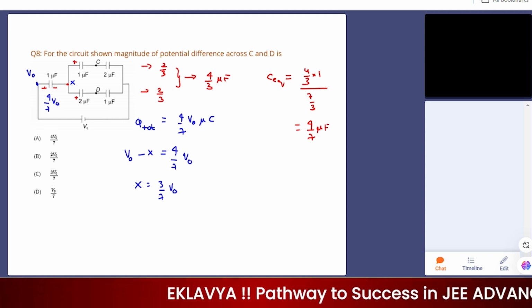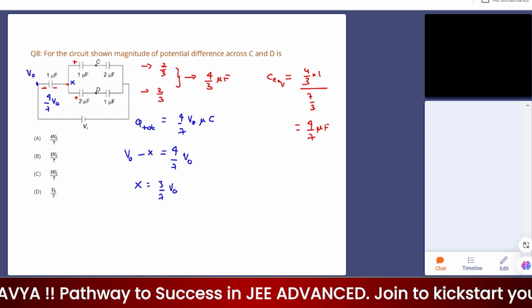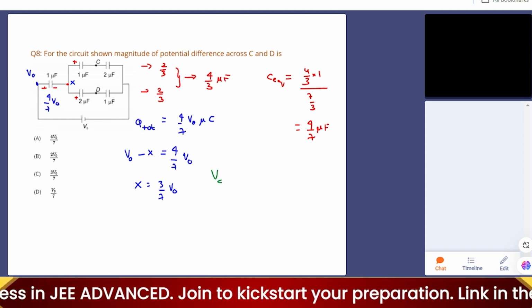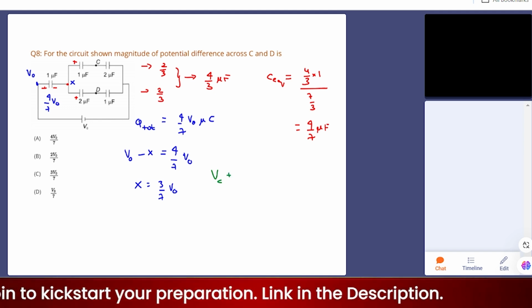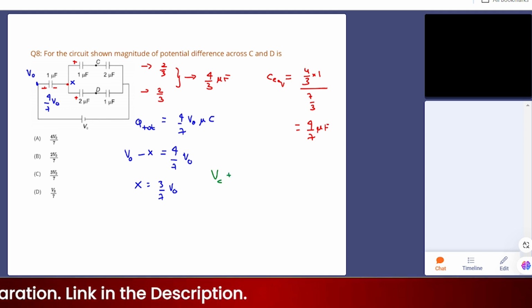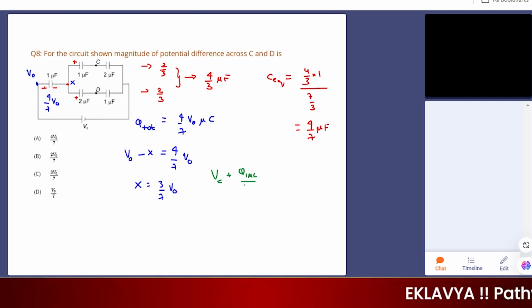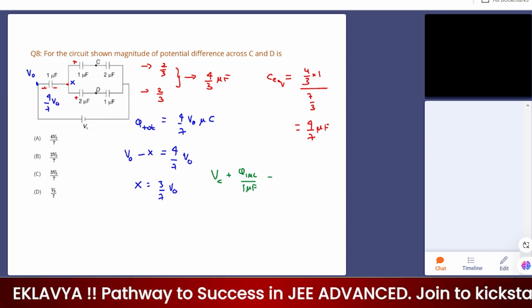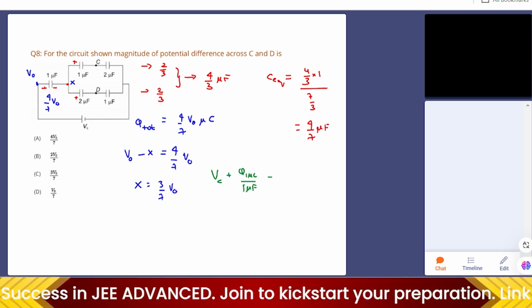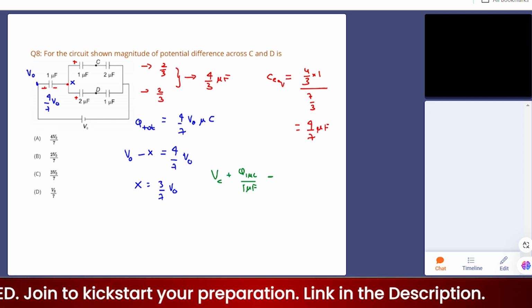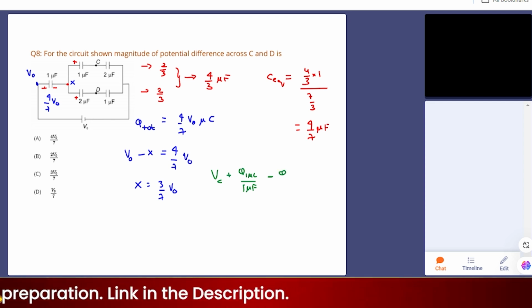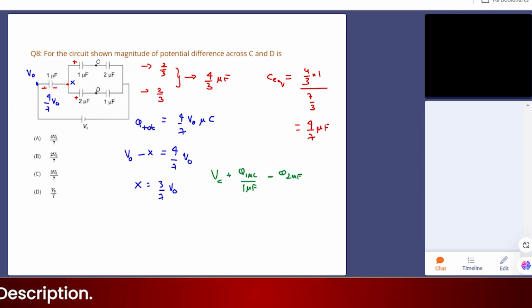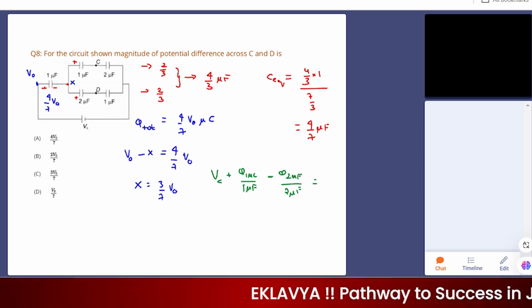Okay, so if I start writing the equation for potential difference between the point C and point D, I can write it as VC plus Q across the 1 microfarad divided by its capacitance 1 microfarad, minus charge across 2 microfarad divided by its capacitance 2 microfarad.